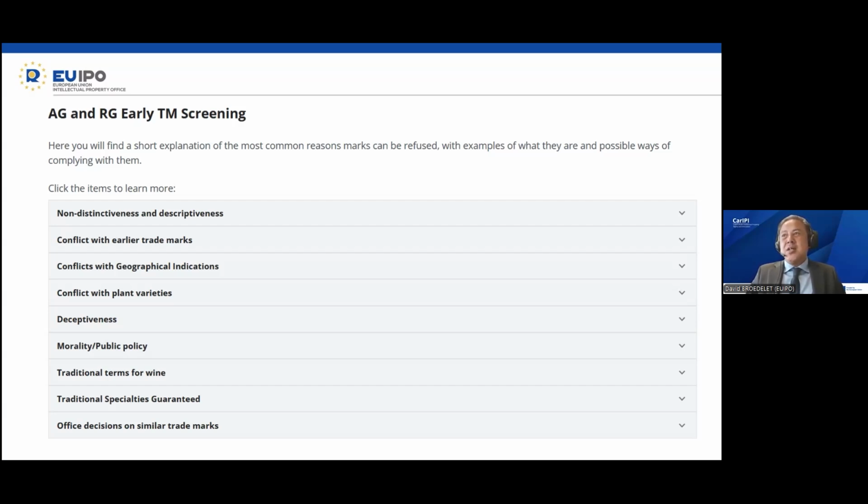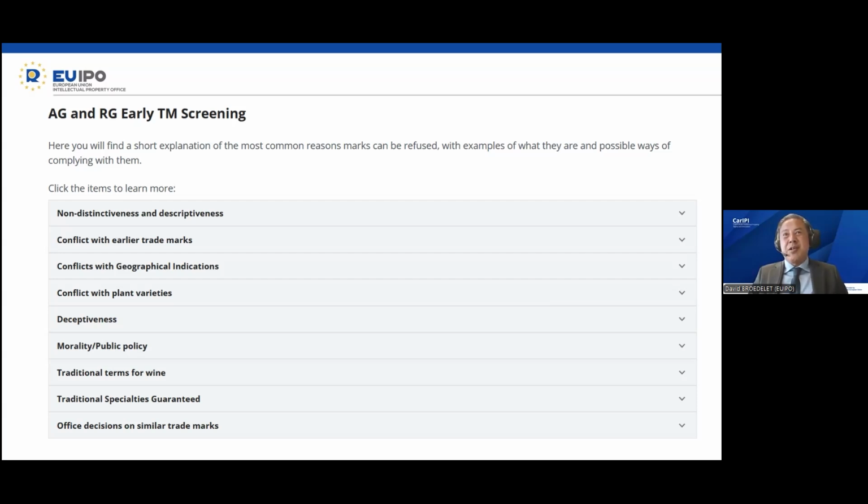So they will know how a mark can be refused on non-distinctiveness or descriptiveness. They will see what the geographical indications are based on which the mark could be refused. They will see, for example, if you go further down where it says traditional terms for wine, if the mark is in conflict with any of those.